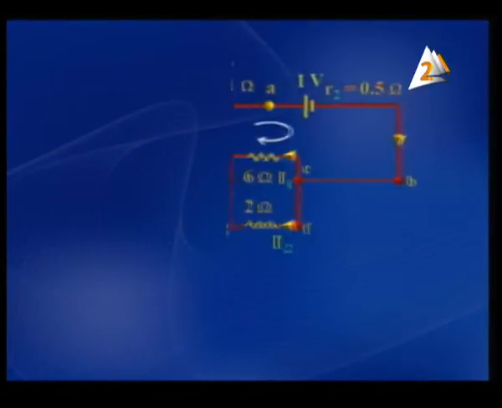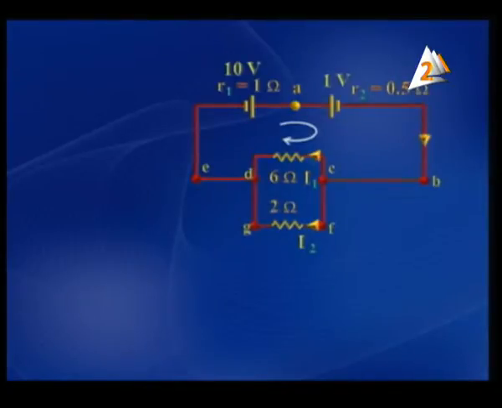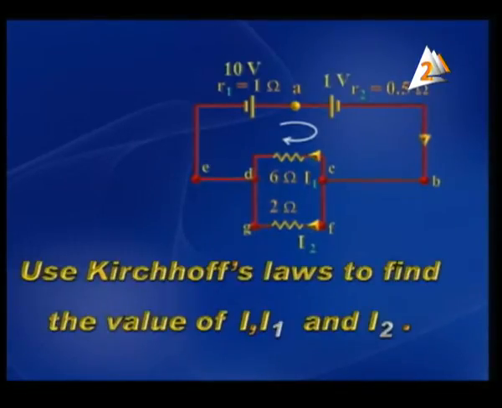We'll use the laws first of all to solve a simple one. So the first problem says use Kirchhoff's law to find the value of I, I1, and I2. In front of you, we've got a circuit.